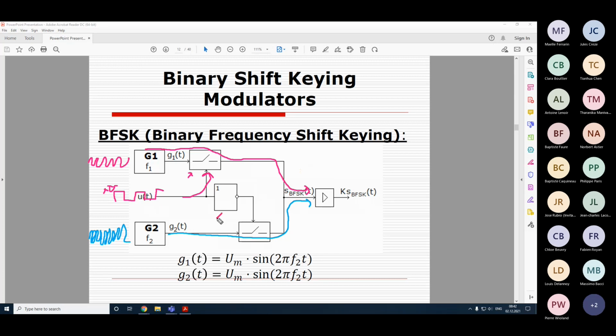However, here we have an inverter. So plus U will become 0 at the output. This will not close the switch and this signal cannot pass right now. If we have 0 as input here, this will not close this switch, so this will not pass through. The 0 here becomes U, some voltage level depending on what logic we are using, TTL or some other logic.